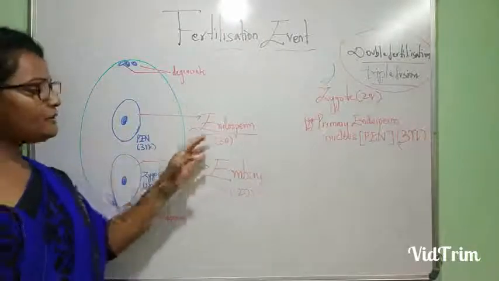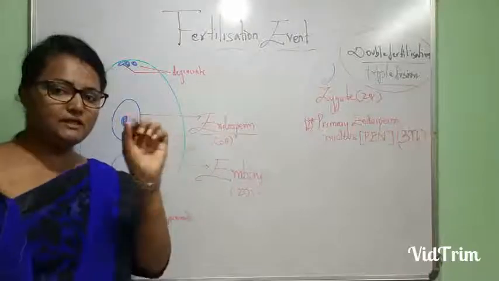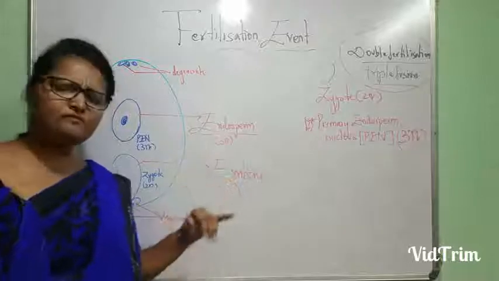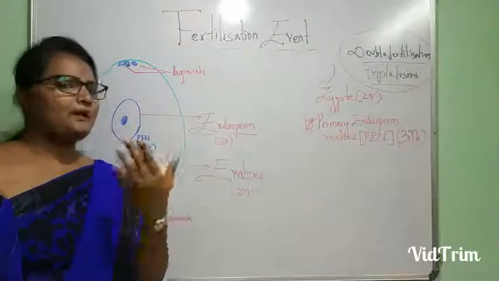Endosperm is the tissue which gives nutrition for the developing embryo. Sometimes the endosperm persists, sometimes it may not.